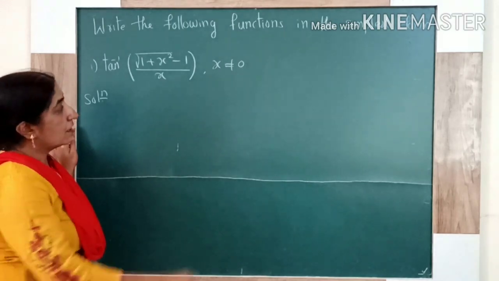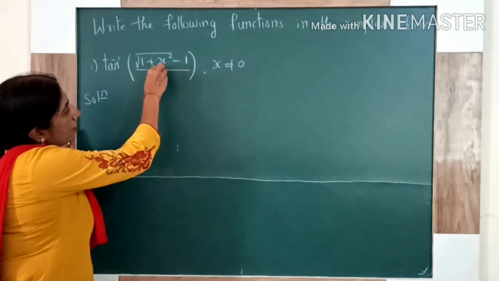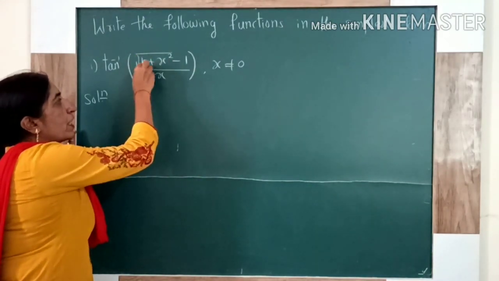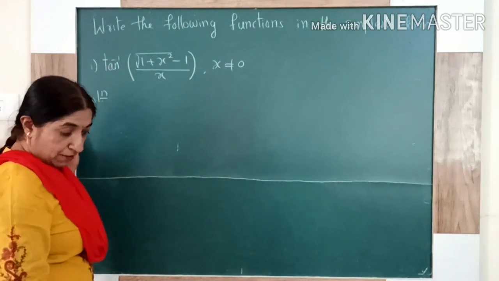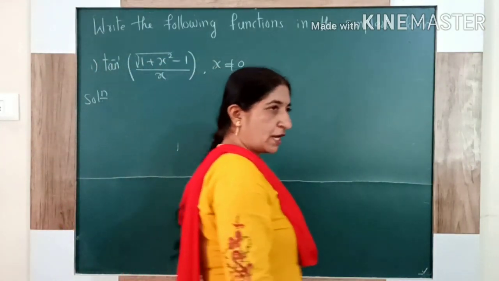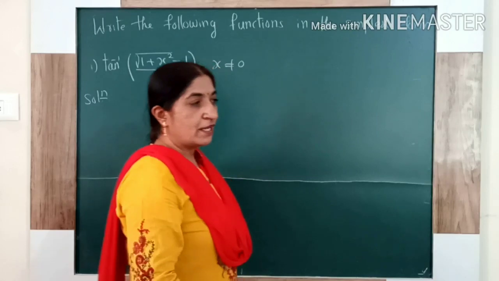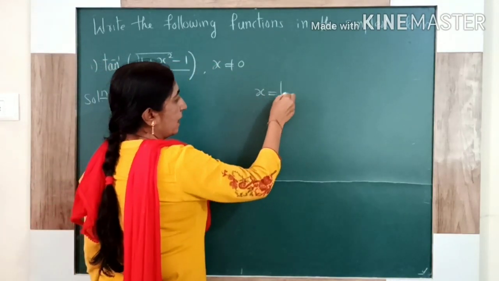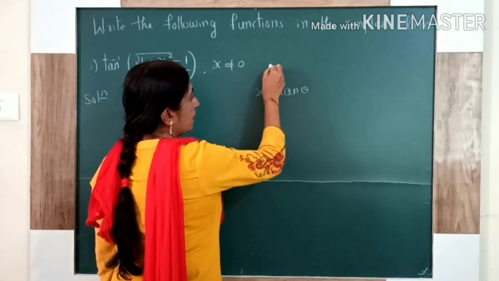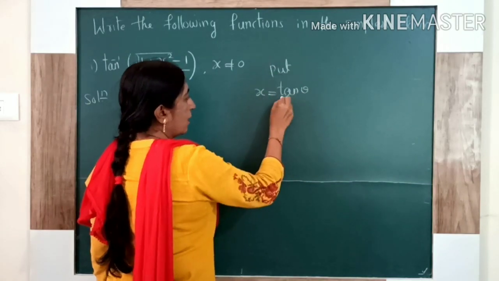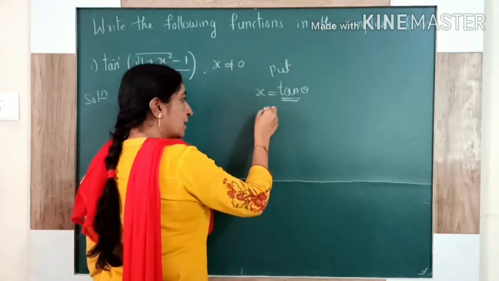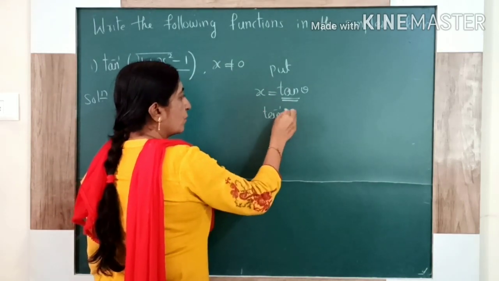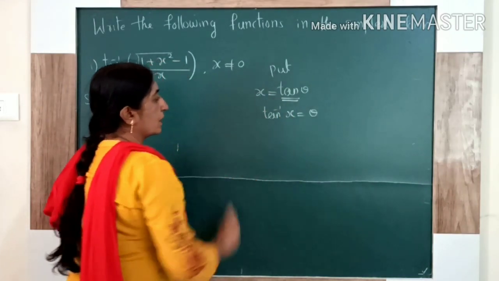See this example, we have a root of 1 plus x square. In any example, if you have only one root and it contains 1 plus x square, most of the time we write x as tan theta. Put x is equal to tan theta. Then tan inverse x is equal to theta.